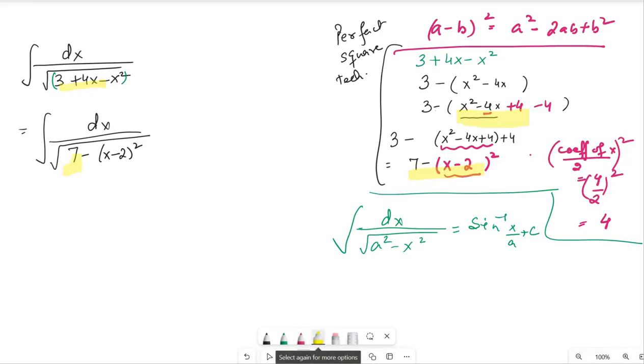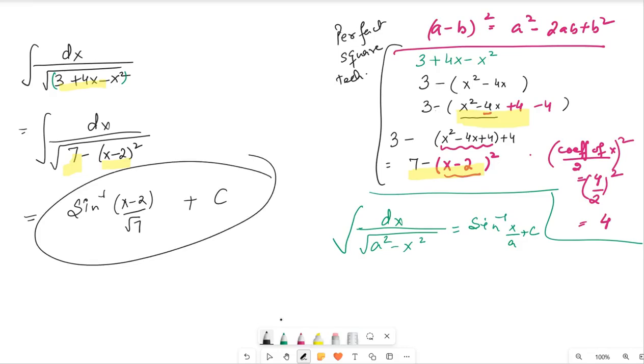So a is square root of 7. But in place of x, what do we have? x minus 2. As long as x's coefficient is 1, we should directly be able to apply the formula: sine inverse of x minus 2 by root 7 plus c. So your answer should be this.